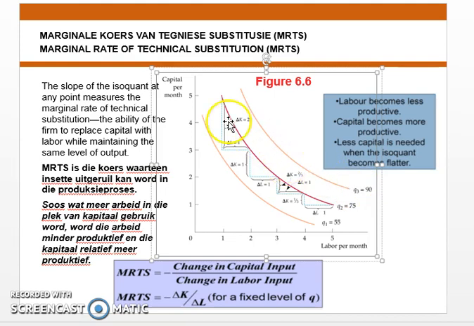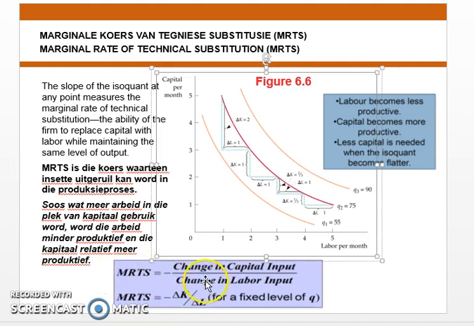Okay. So MRTS is the rate at which you substitute capital for 1 additional labor. So in this case, if we move from this point here to that point there on the isoquant, same output level as here, we give away 5 minus 3, so we give away 2 capital, so it's minus 2 capital for 1 more additional unit of labor.